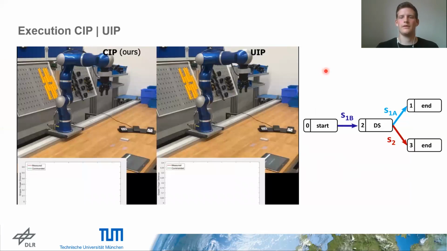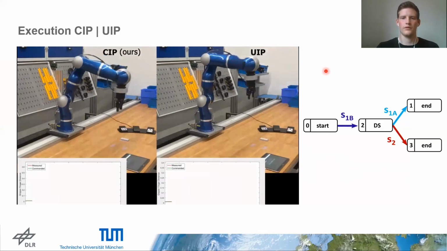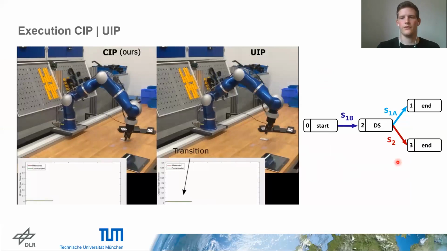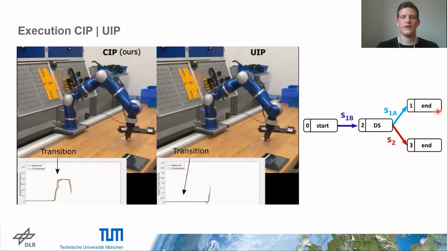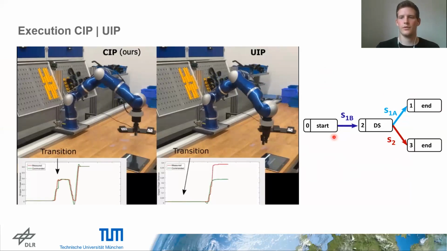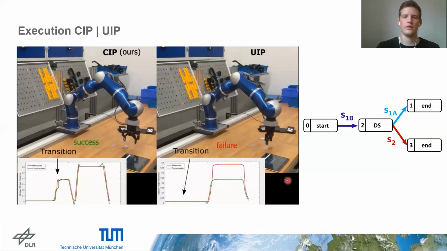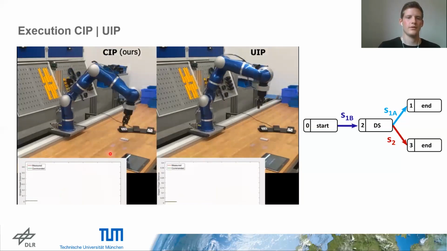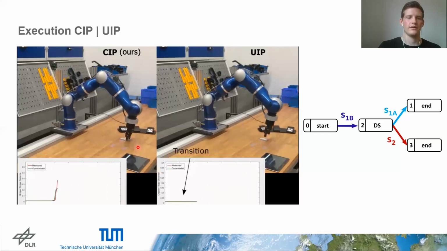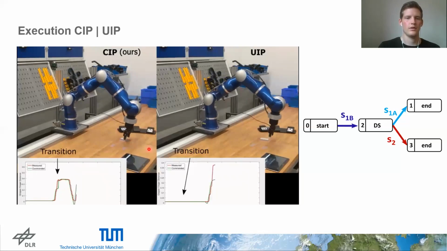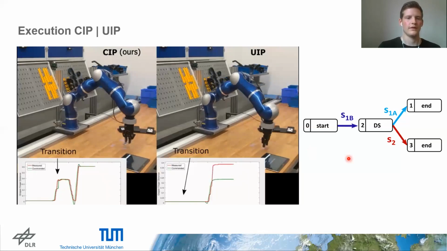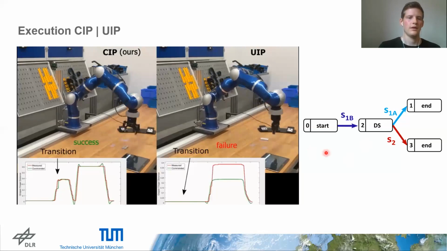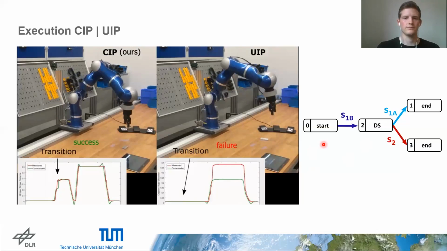This method also leads to a robot program which is unsuccessful during the execution because the robot decides too early for the next skill at a time step where the robot can't sense a difference between these two skills and randomly selects one, which here is the wrong one and leads to an unsuccessful task execution. Whereas with our method, the robot decides for the subsequent skill in the correct time step, where the two skills can be differentiated, and this leads to a successful execution.